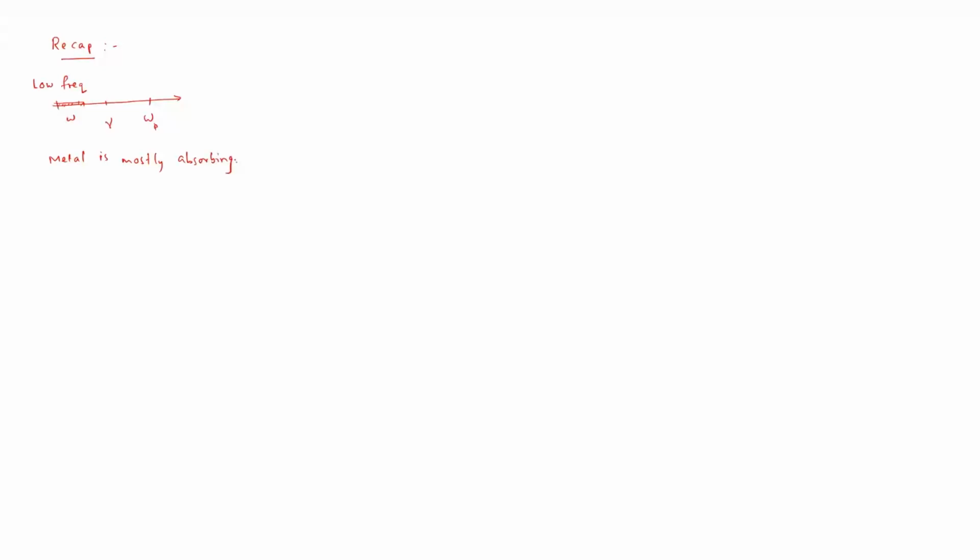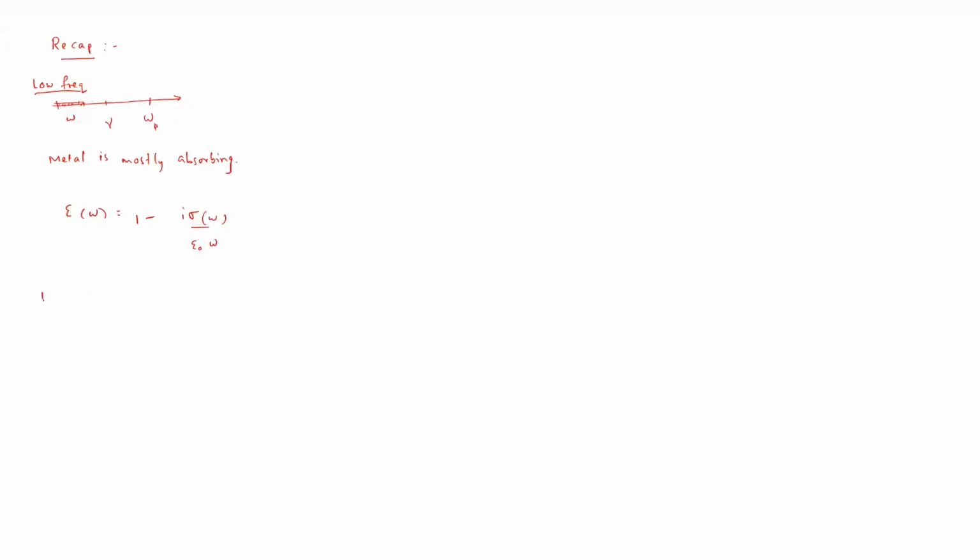And we had derived the relation between permittivity and conductivity and linked it with the Drude model. So at low frequencies, the permittivity was 1 minus i sigma over epsilon naught omega.